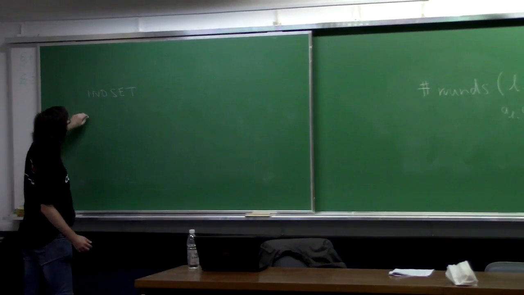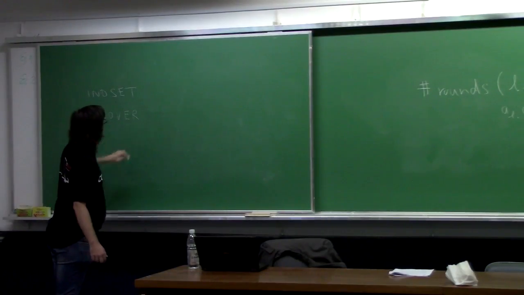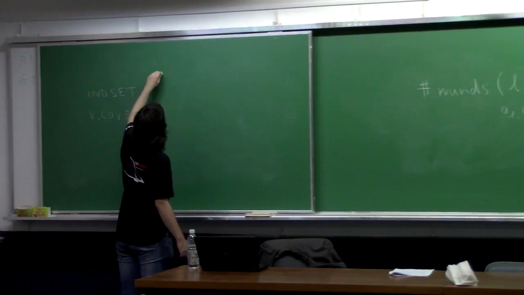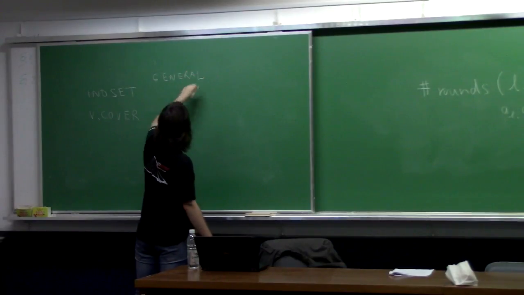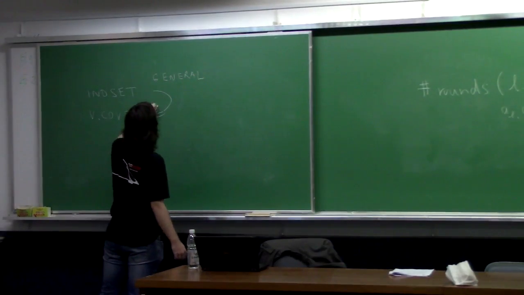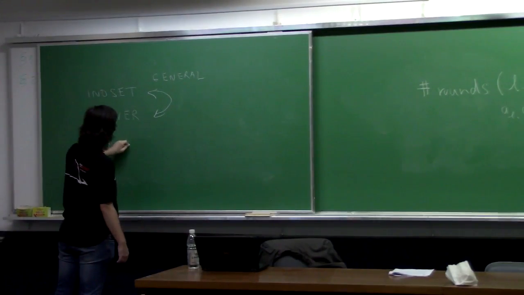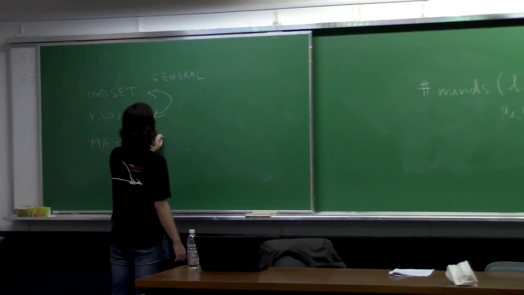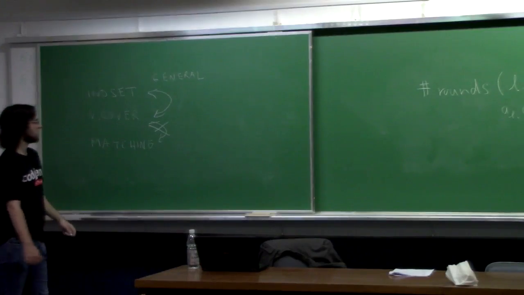I'll write the concepts here: independent set, vertex cover, and in general these two are the same. And then we have matching, which is not the same.